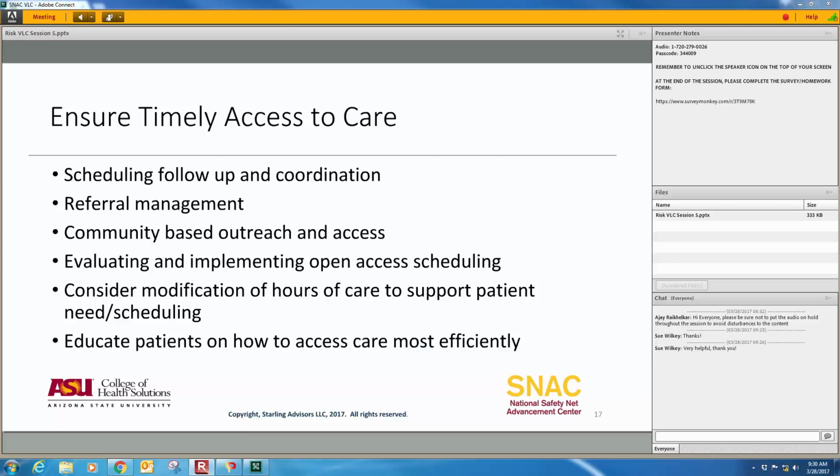Does this mean throwing in an extra Saturday a month? Does this mean after-hour care, or even a home visit model or something like that, where you're focused on expanding out access opportunities? And then finally, being able to educate patients on how to use and access care most efficiently.